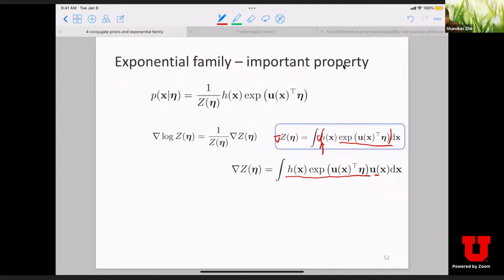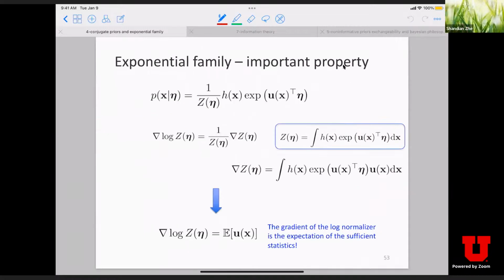If we go one step further, remember the gradient of the log normalizer is the gradient of Z over Z, so you divide it by Z(eta) here.